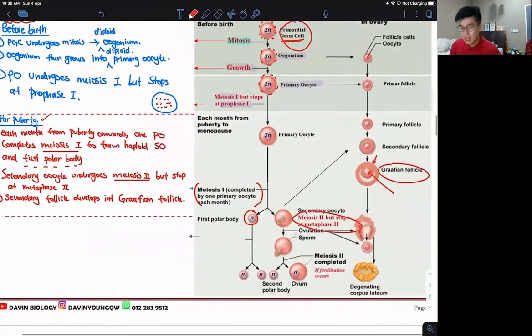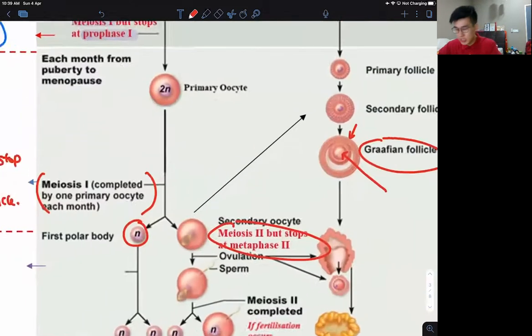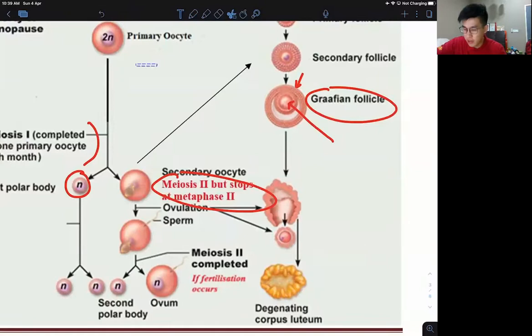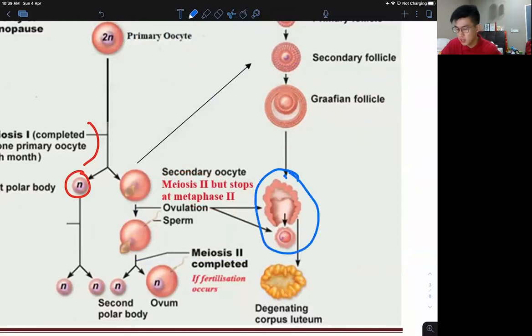And then once I have the Graafian follicle and the secondary oocyte inside, the next thing, look at the diagram here, the next thing that will occur is this. Who can tell me what process this is? Actually, the answer is here already. It's called ovulation. Right now, the Graafian follicle is going to release the secondary oocyte out from the ovary.